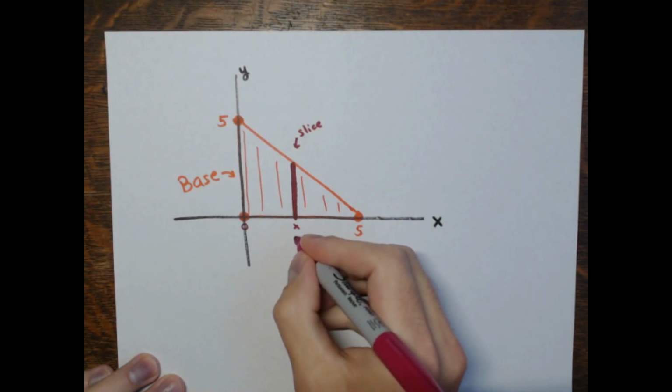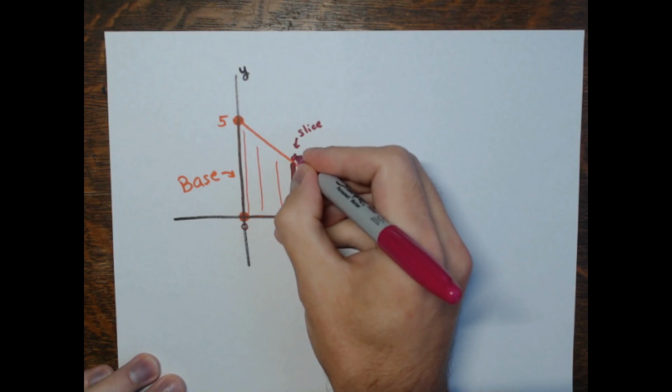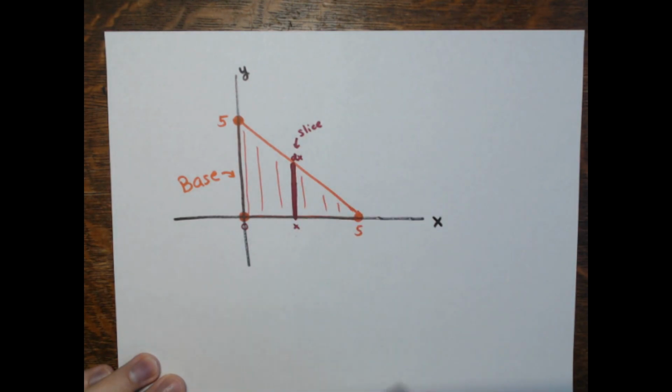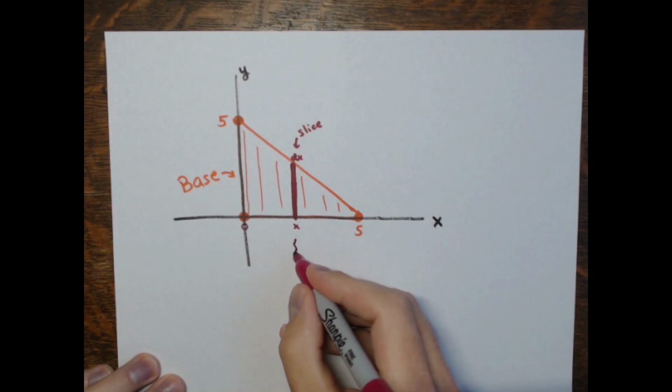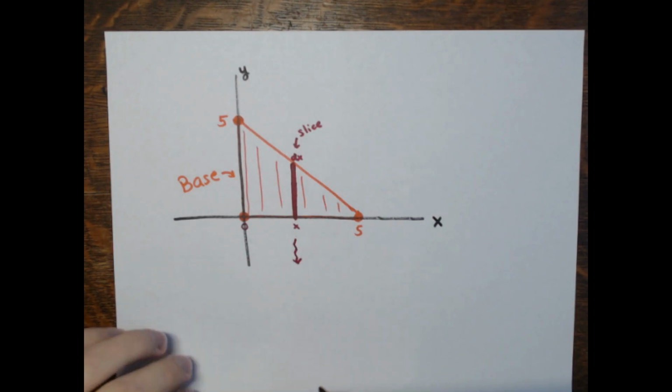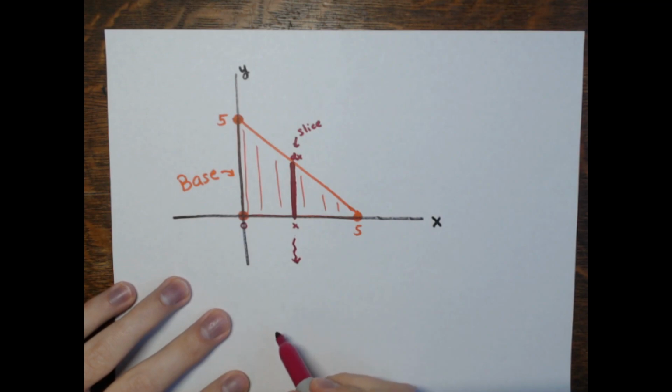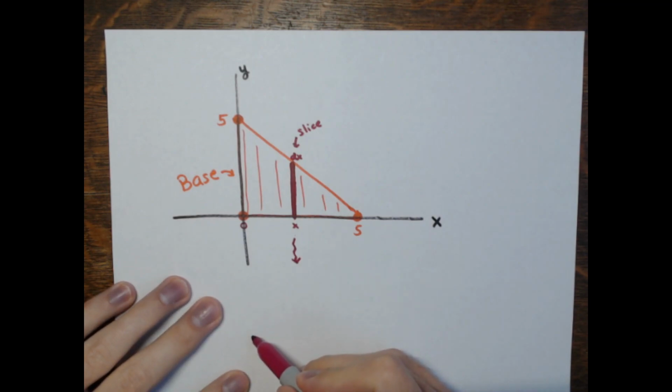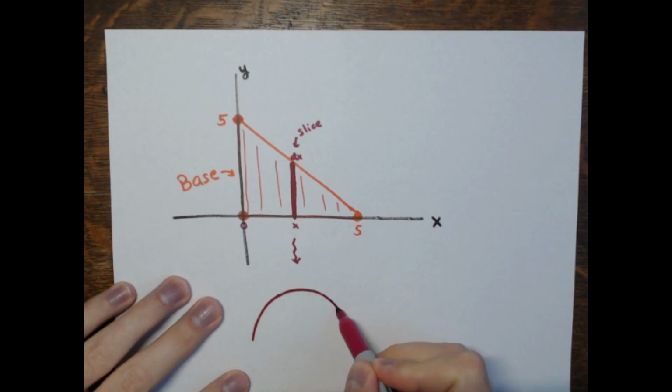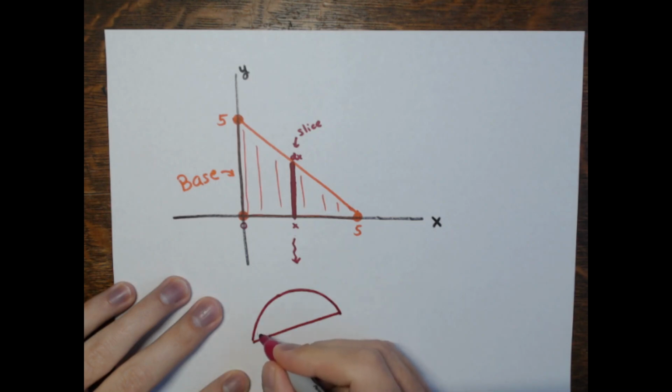All right, so if I pull this slice out, again, the thickness we'll call dx, right? It's delta x, but we'll call it so thin, going to 0, we'll call it dx. All right, so if I pull this slice out, it's going to look like this. So this time, it's again going to be super thin. The faces of these slices are semicircles. So half a circle with this thin little rectangle on the bottom.